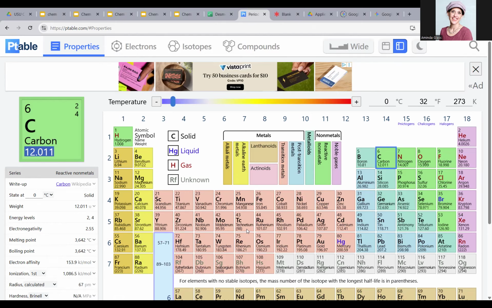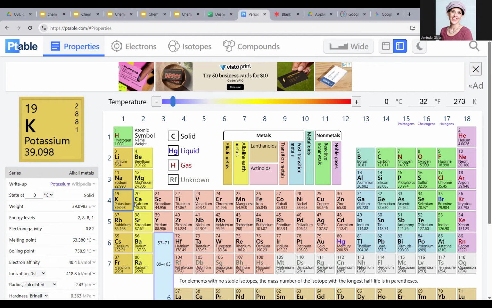If we have 98 grams of technetium, that means we have 1 mole of technetium. And if we have 1 mole of technetium, we have 6.022 times 10 to the 23rd atoms of technetium.